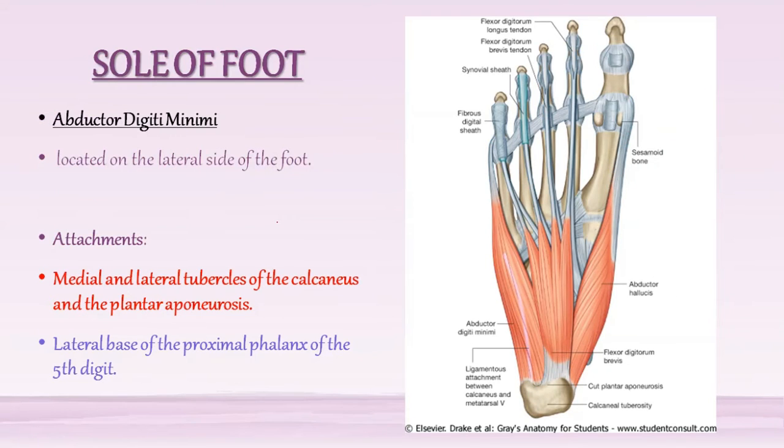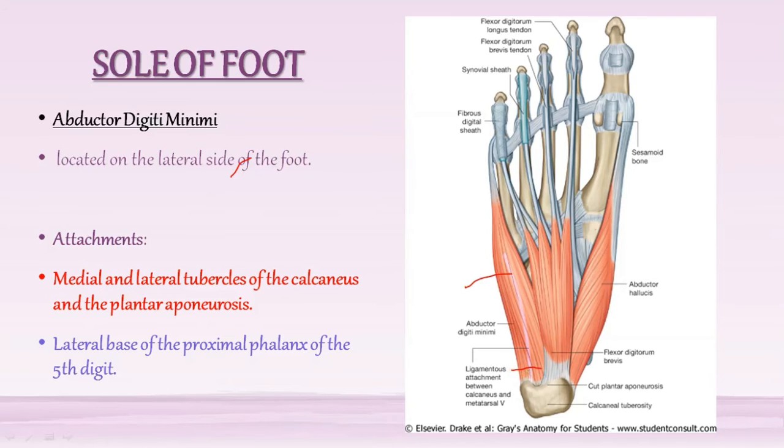The third muscle is abductor digiti minimi. This is the abductor digiti minimi, which is located on the lateral side of the foot. Now this muscle arises from the medial and lateral tubercles of the calcaneus and the plantar aponeurosis.